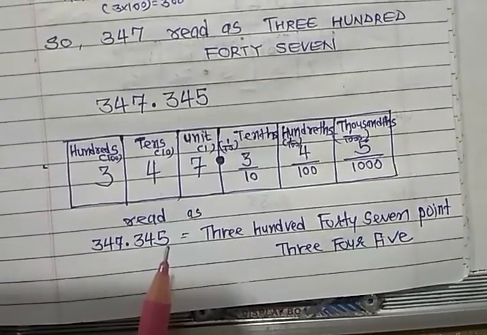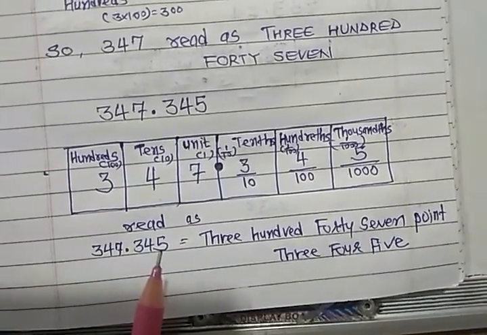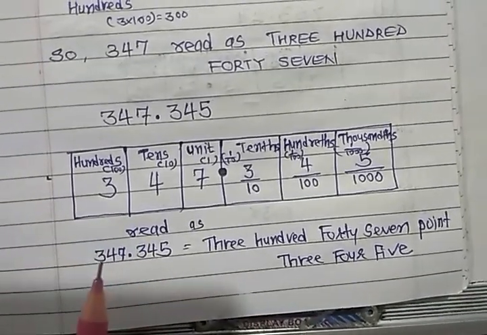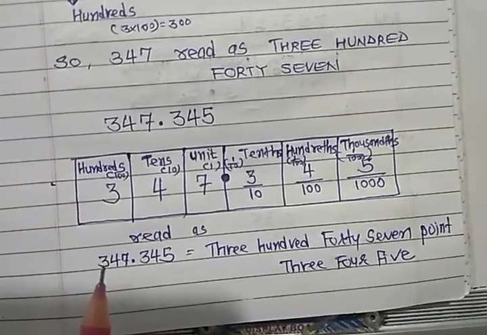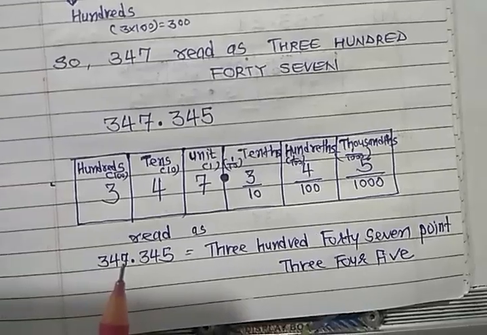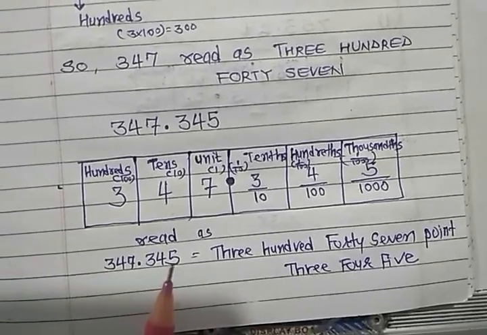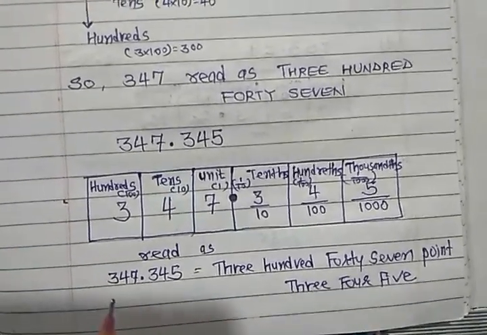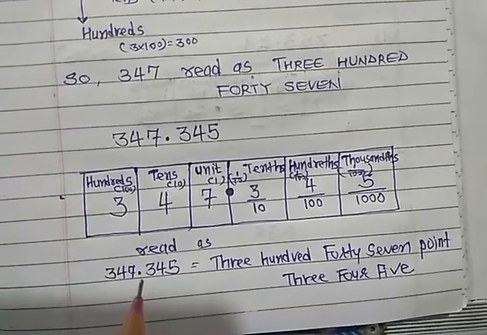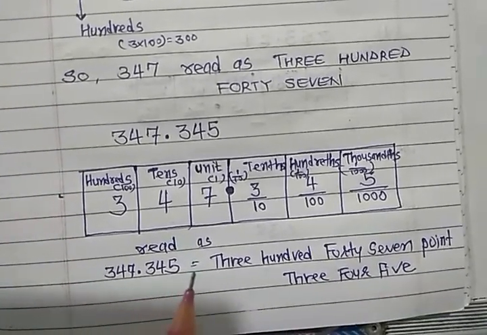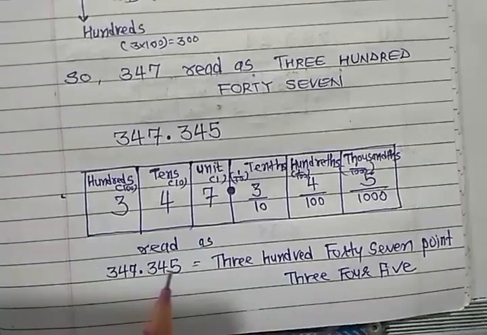Okay, so this is a small mistake, correct? You have to read it digit by digit only.